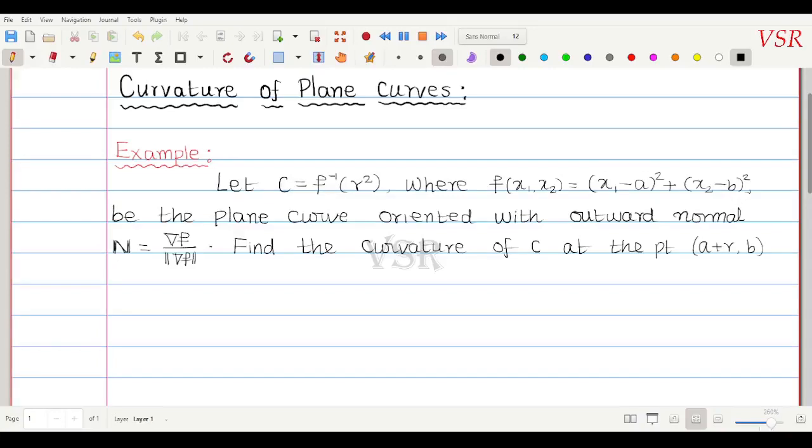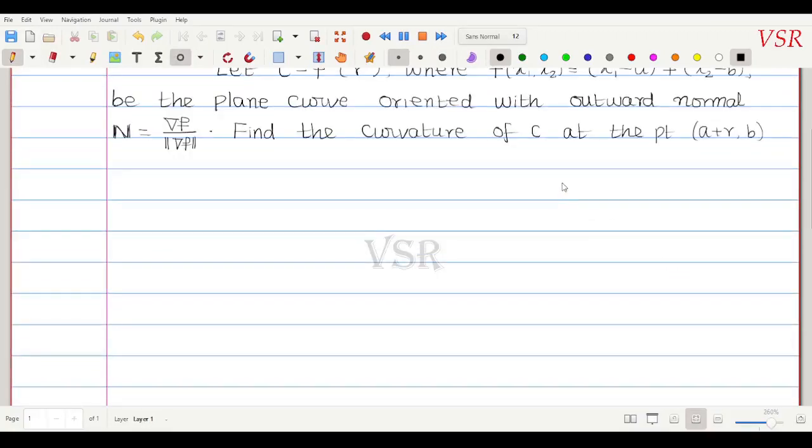First of all, this point a plus r comma b lies on this curve. First of all, let us see what this curve is. It is nothing but a circle.